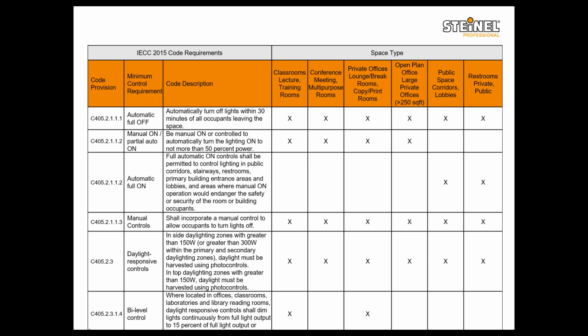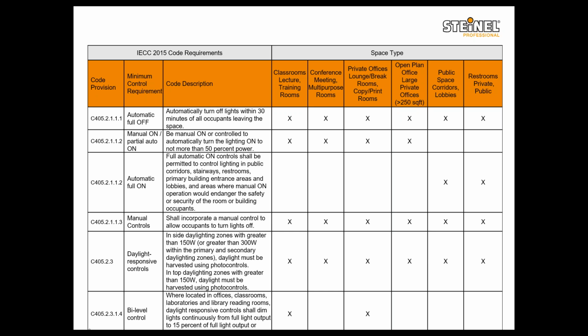The second requirement would be that the lights should be manually turned on or automatically turned on to not more than 50% of power when you enter each area. This applies to classrooms, lecture halls, training rooms, small offices, conference rooms, and places like that. The next requirement is really not a separate requirement.